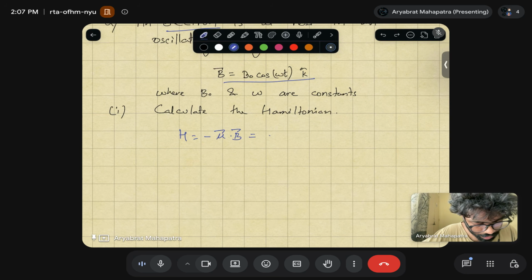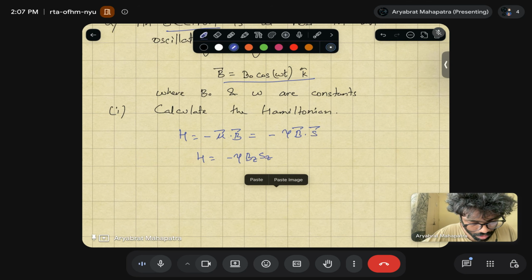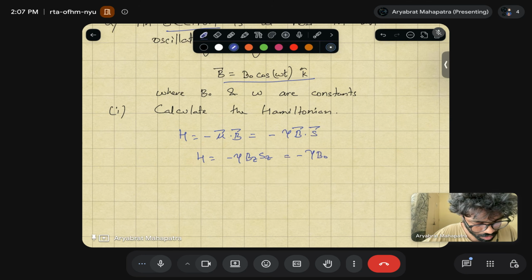So this is minus gamma b dot s, since mu is minus gamma s. Then again this becomes H is minus gamma Bz Sz, where Bz is basically b naught cos omega t.